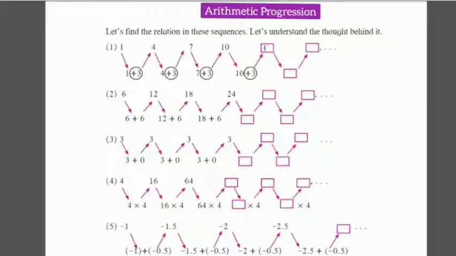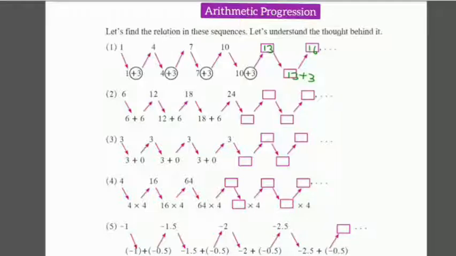See here, this is very important. After that, what can you write here now? 13 plus 3. Okay friends, look here, 13 plus 3, here it is 16. So like this we can complete the sequence. Understand?